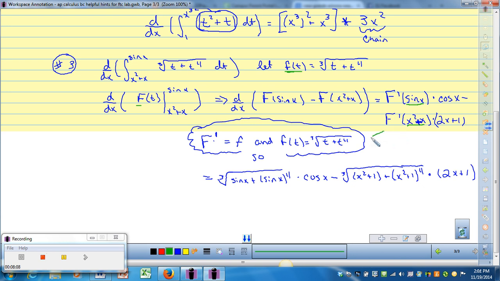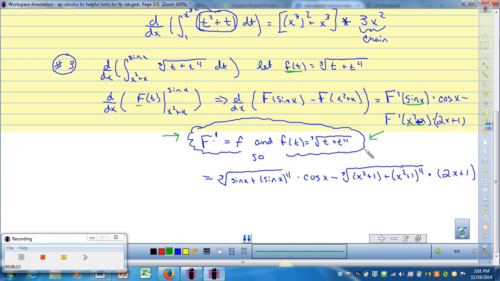So then we need to remember that capital F prime is simply f. That is the derivative of the antiderivative. They undo each other, and you're back to lowercase f. And lowercase f from the very beginning, we said, was the cube root of t plus t to the fourth.